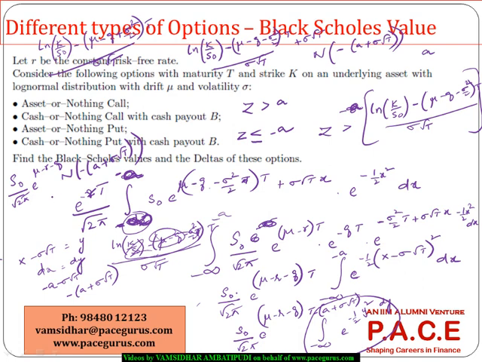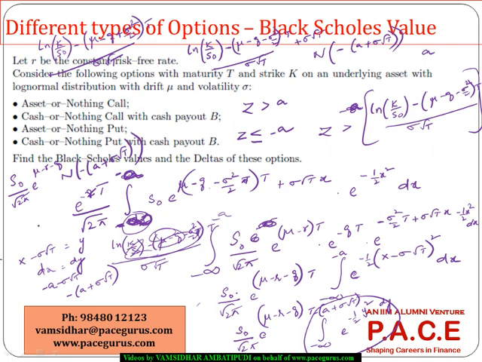And what we are simply saying is, this is the price of the call option in case of asset or nothing kind of a call, because we are going to get a payoff of ST when ST is greater than K, otherwise we are going to get 0.